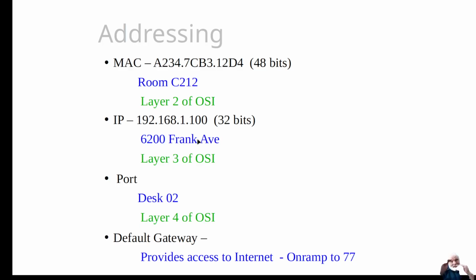So there's two parts to this IP address, and we'll look at that in more detail in the next few slides. And then there's the port. If you think about a room, you're in room C205 or room C212 or whatever room, that's the physical room. But then within that room, you would be at a port or a desk.